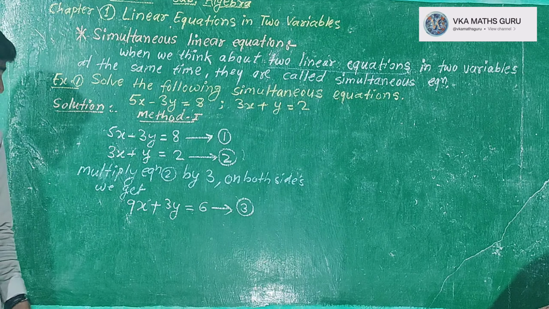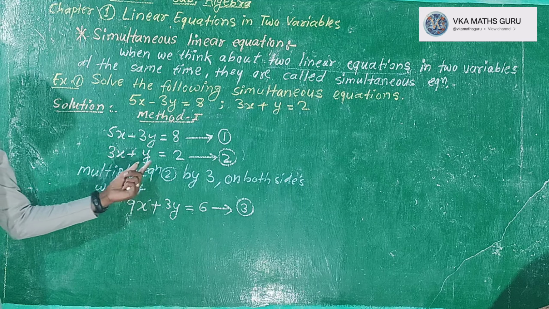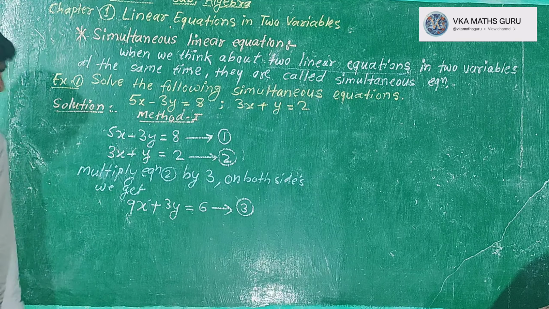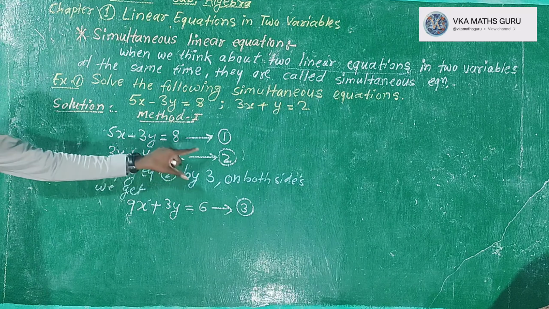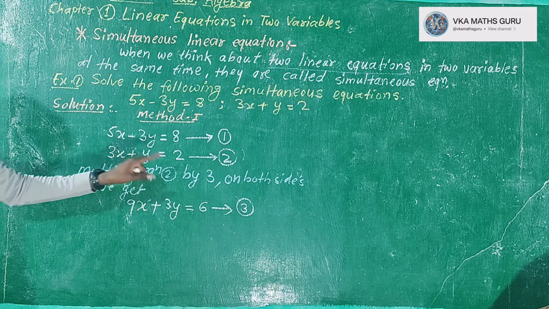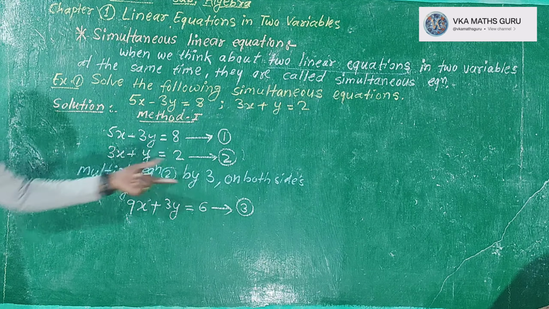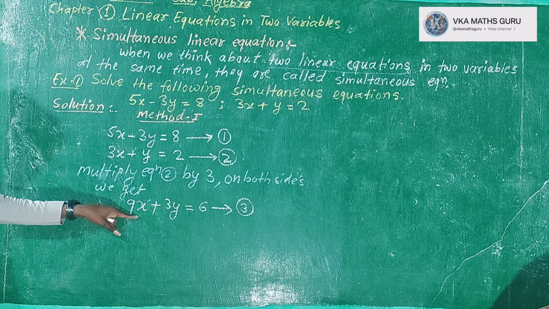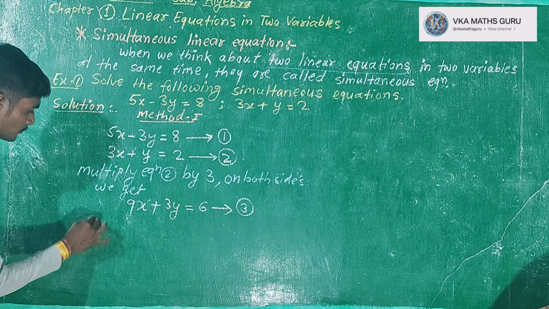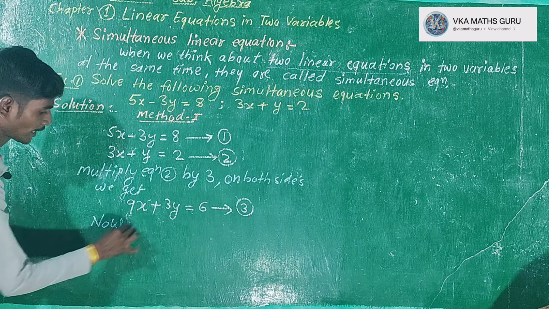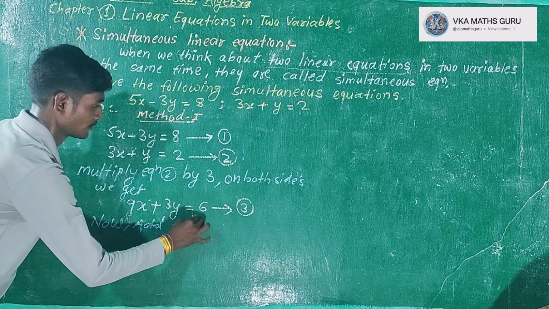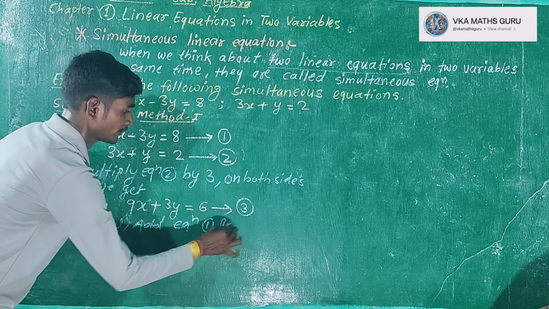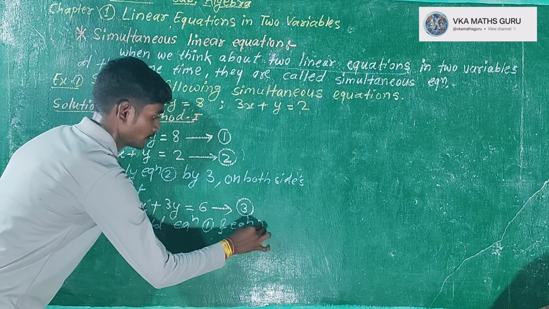Now next step: see here, equation number 1 and equation number 3, we can add these two equations. Whenever we add these two equations, we will get the value of x. Now add equation 1 and equation 3.